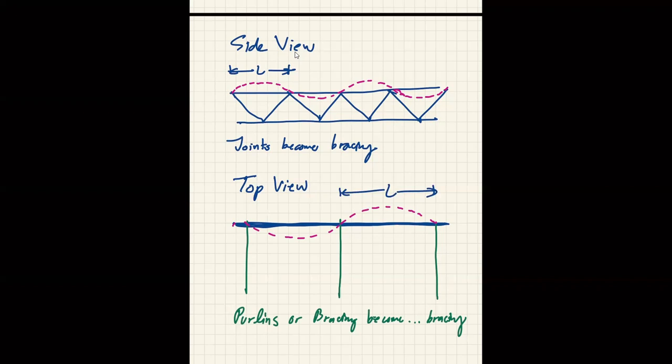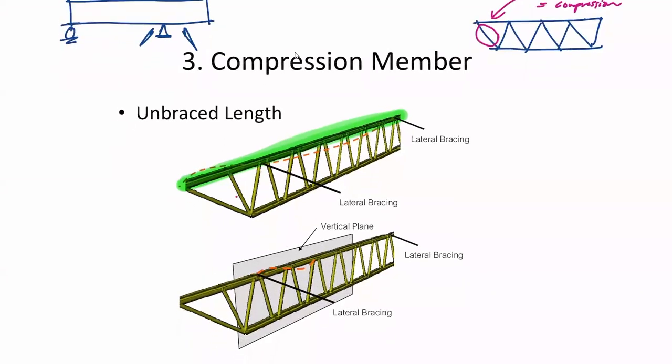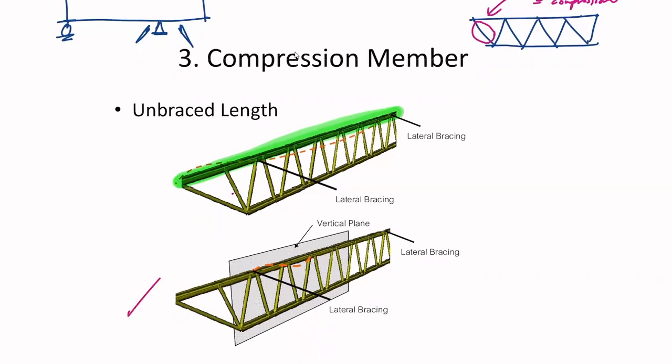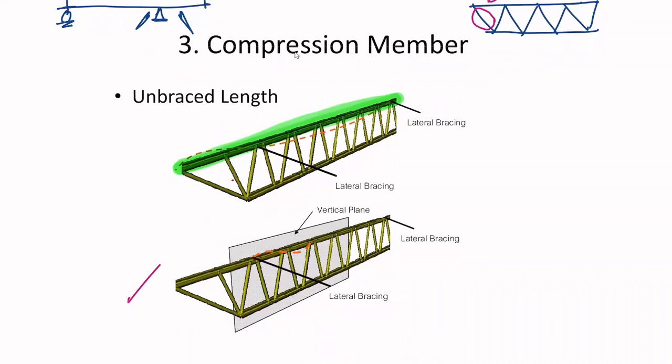So let's say when you look at this picture, your member, let's take a look at the bottom one first. When the buckling is going to occur up and down in the gray plane, up and down in this plane, your member will buckle up and down like this.